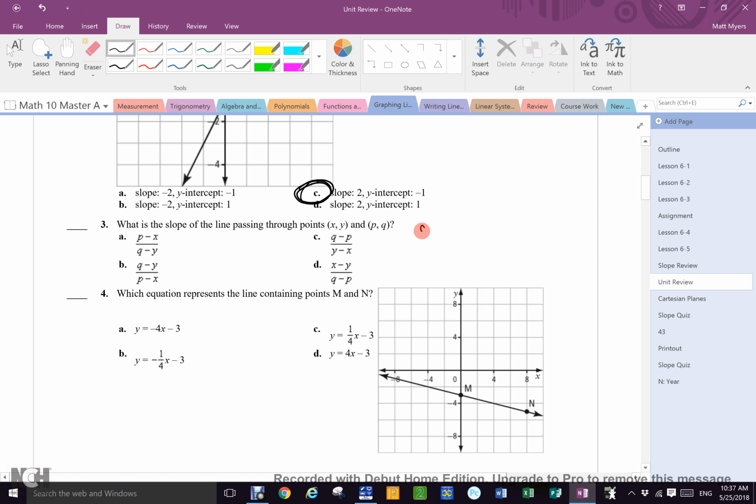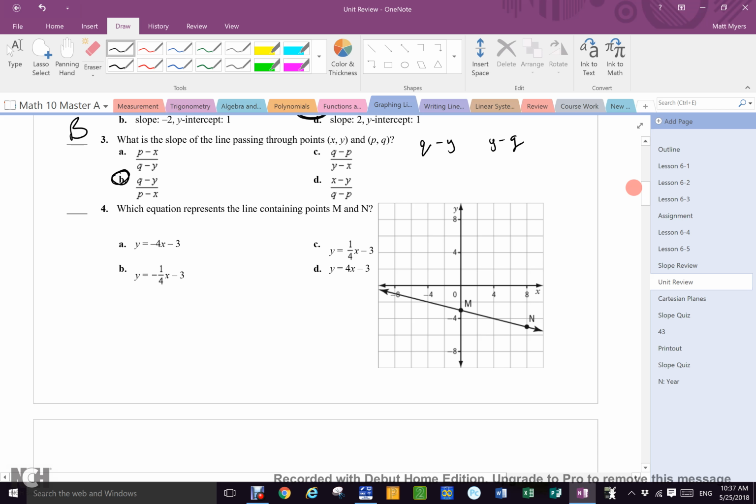So it has to be either q minus y or y minus q. Well, let's check. Q minus y, q minus p, p. Oh, q minus y. Has to be B. You don't even need to go any further, do you? B, as in doing math like a boss.